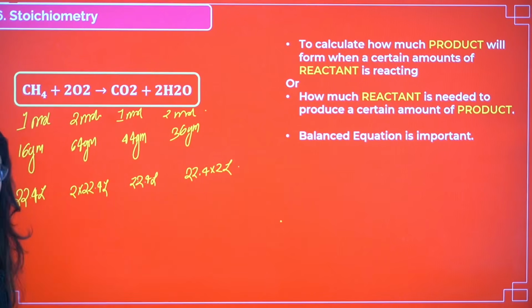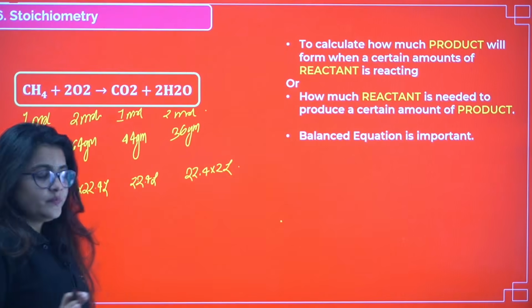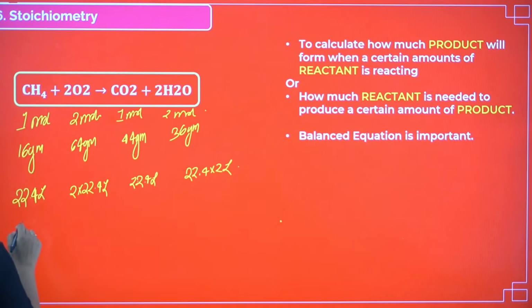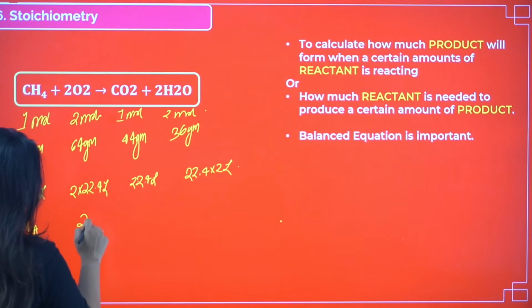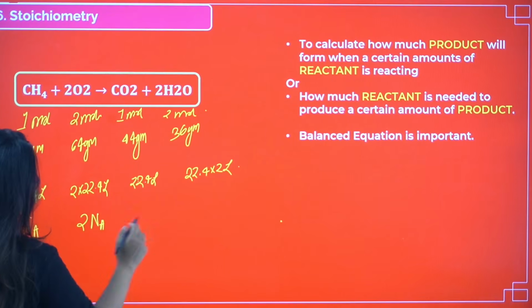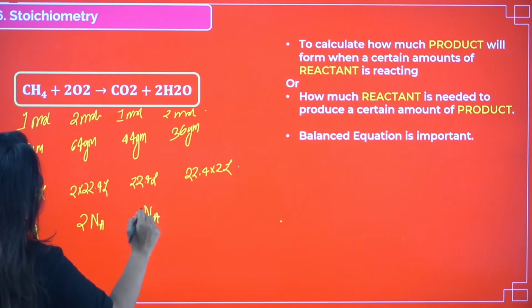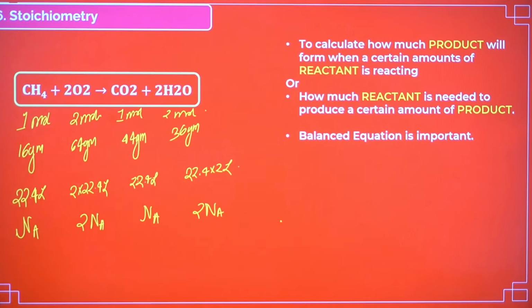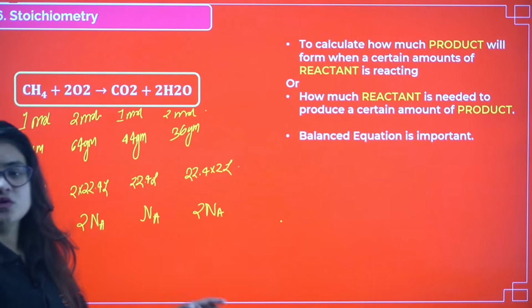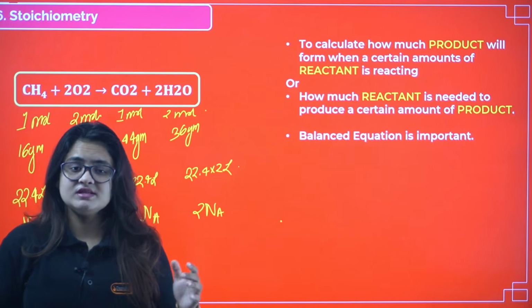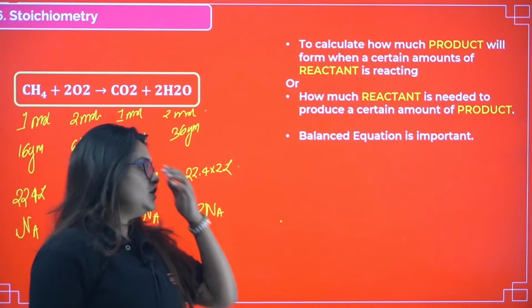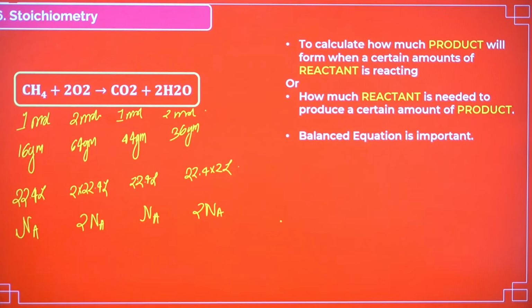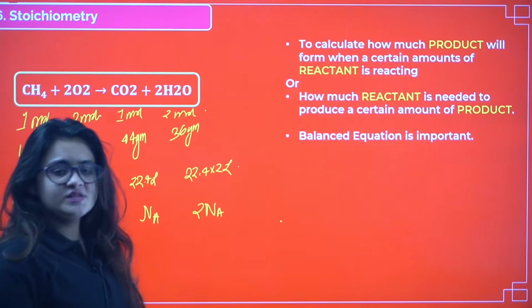In terms of particles, 1 mole means Avogadro number, so Avogadro number of methane will always react with 2 into Avogadro number of oxygen to give Avogadro number of carbon dioxide and 2 into Avogadro number of H2O. So this much information I get out of the balanced reaction, which is the stoichiometry. I guess this is clear to you. Let's proceed further.